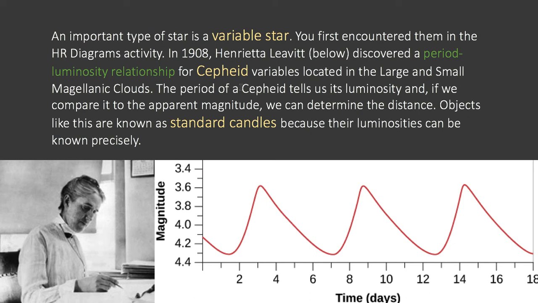Anytime you have a standard candle, something with a known luminosity, you can calculate its distance. All you need to do is see the star. You don't need to measure tiny shifts in its position, its parallax angle. You don't need to bounce anything off of it. If you can measure its luminosity, you can measure its distance.